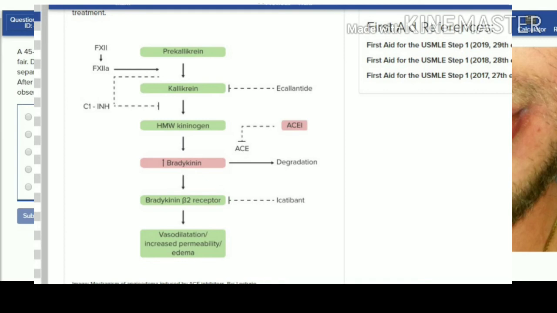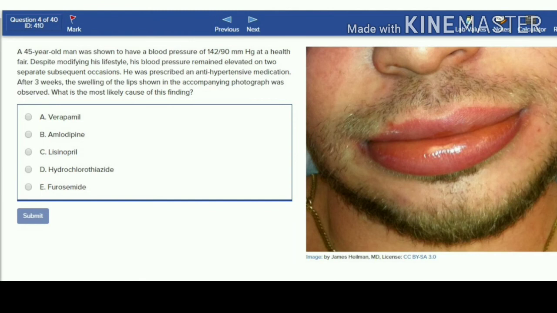Amlodipine is also a drug causing vasodilation by relaxing the smooth muscles by inhibiting the calcium channels. But here there is no permeability increase. But in the case of lisinopril, due to the bradykinin, there is an increase in permeability as well as vasodilation.